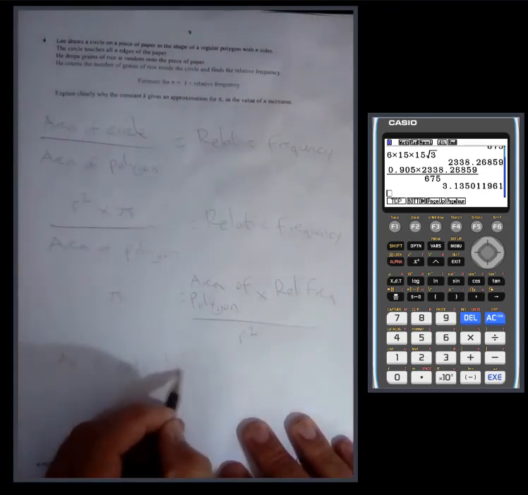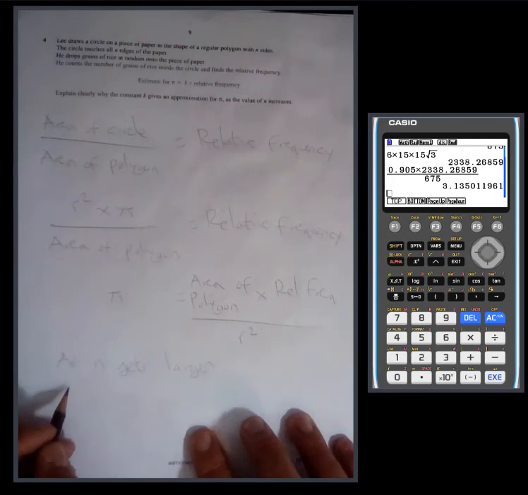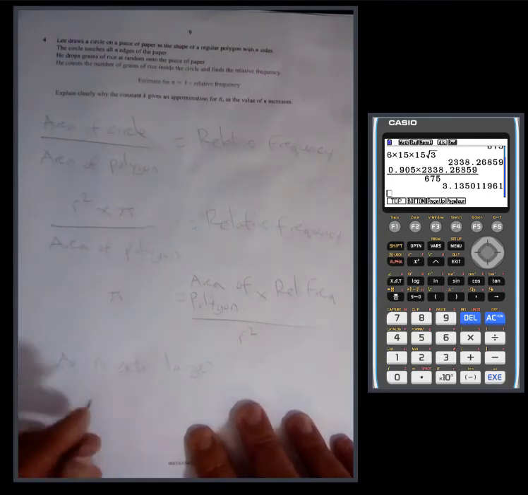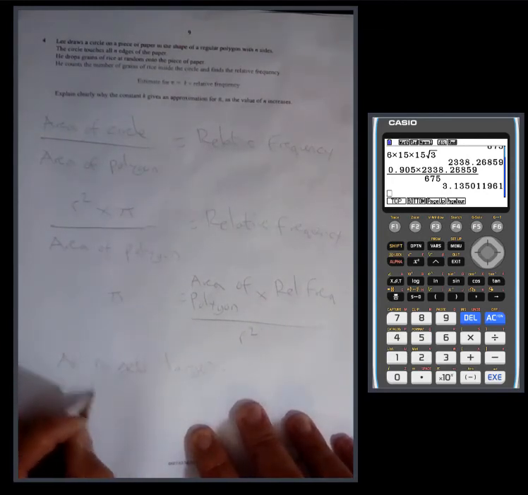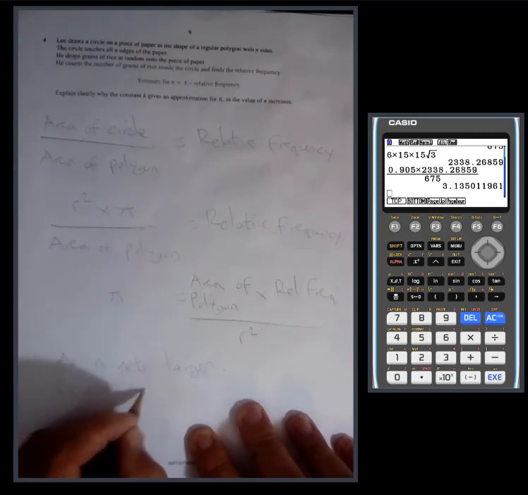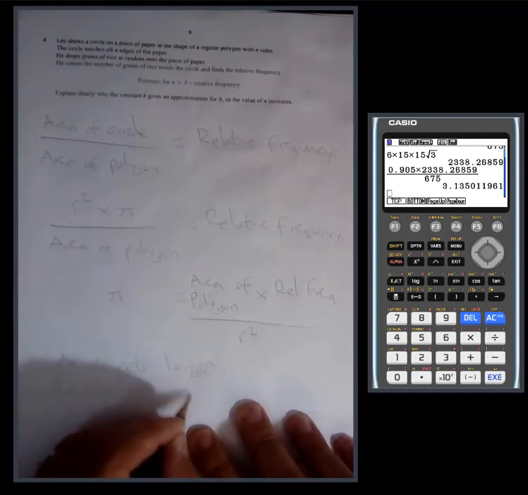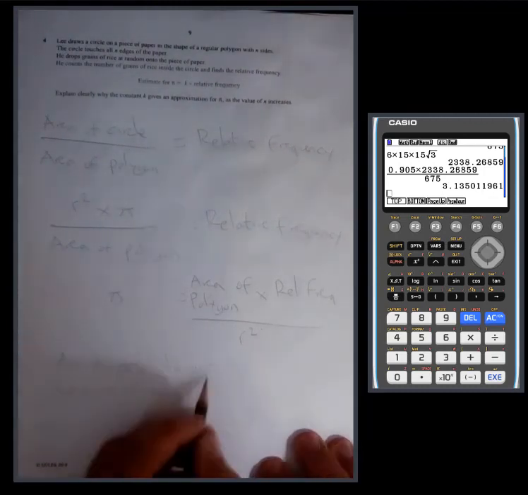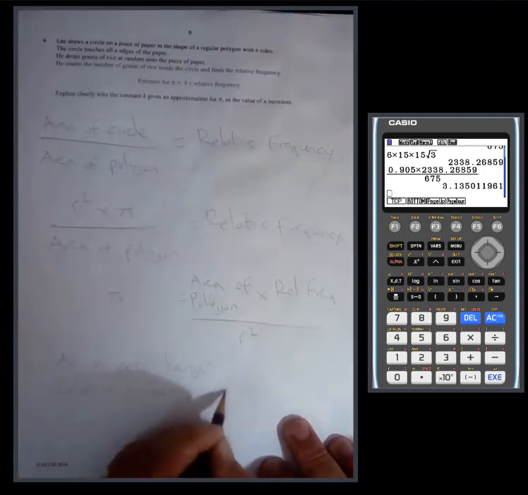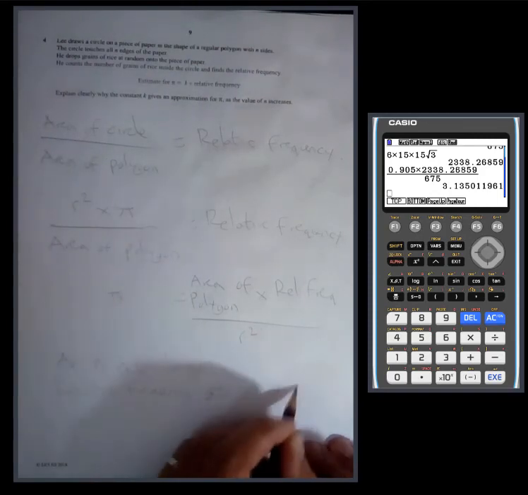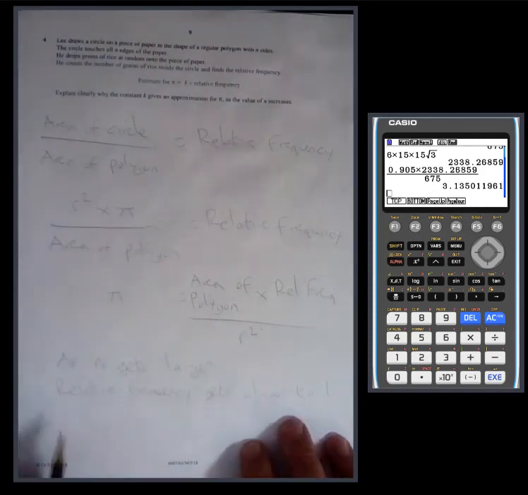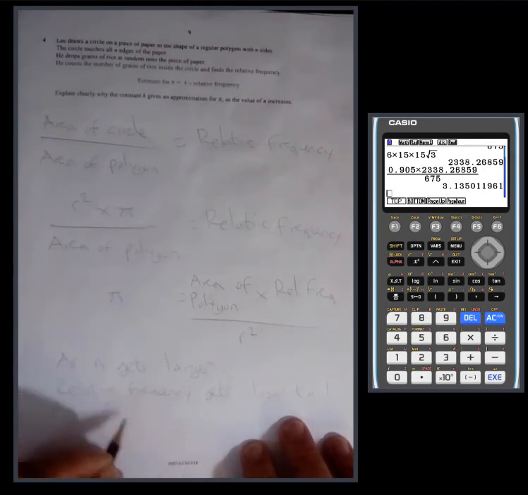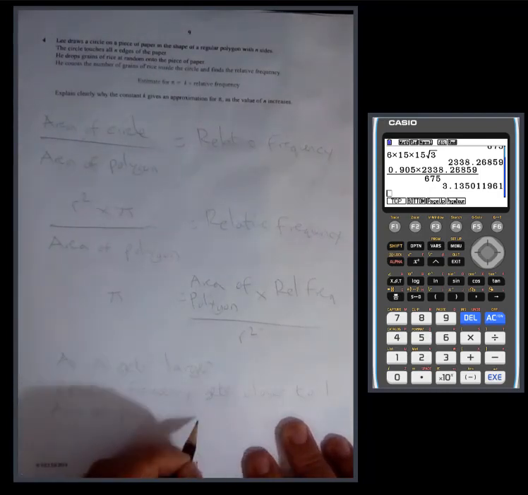As n gets larger, relative frequency goes towards 1, closer to 1. And also, the area of polygon gets really close to area of circle.